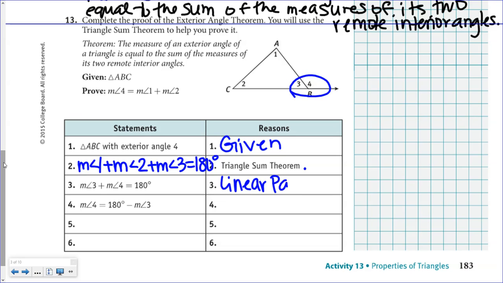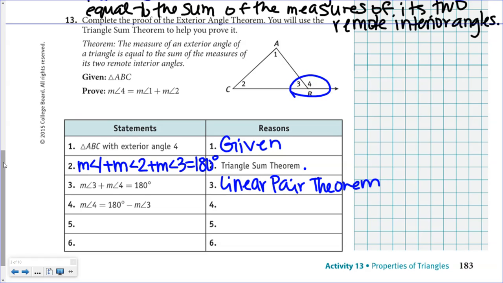And so by the linear pair theorem, we know that those angles have to equal 180. So I would accept definition of supplementary there, although the linear pair theorem is a better reason. But if you put definition of supplementary, I would accept that there.